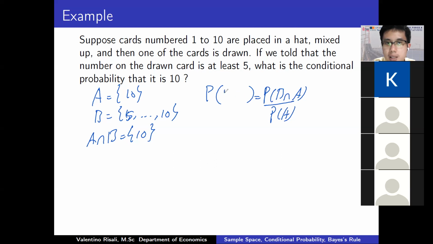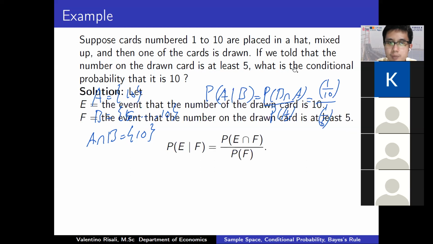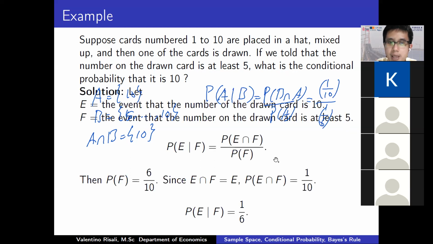The probability of A given that B. Yes. Thank you. And then this probability is 1 over 10, and this probability is 1 over 6. So it produced the same result as the previous example, that is 1 over 6.